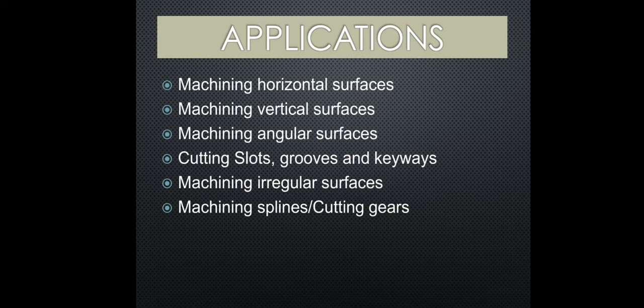The applications of the crank and slotted link mechanism are machining horizontal surfaces, vertical surfaces, angular surfaces, cutting slots, grooves and keyways, machining irregular surfaces, machining splines, and cutting gears. Everything is possible in this shaping machine.